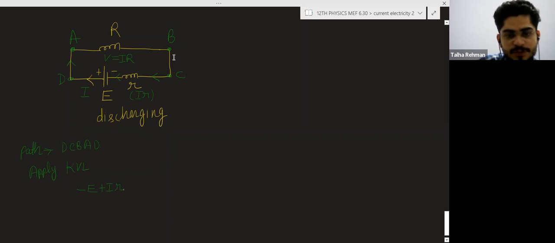Okay. Now from C to B there is no resistance or cell. Now from B to A, the direction of current will be this, and you are moving from B to A. Now from B to A, the potential drop is IR, so you will take this as positive, and this is equal to 0.